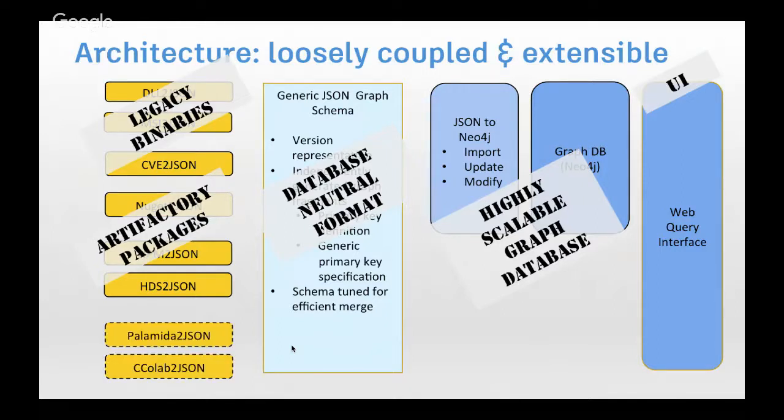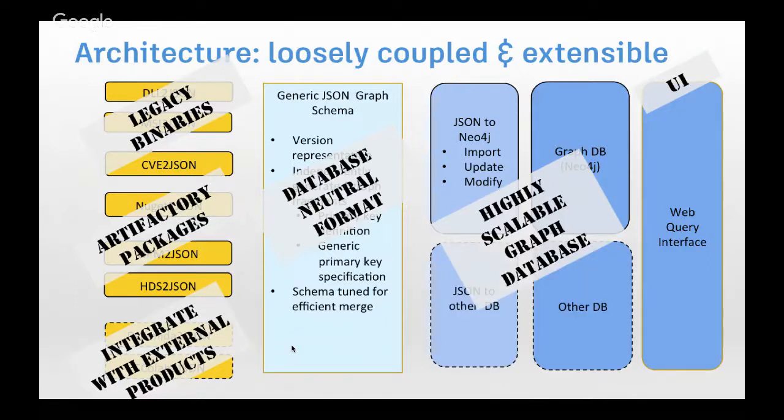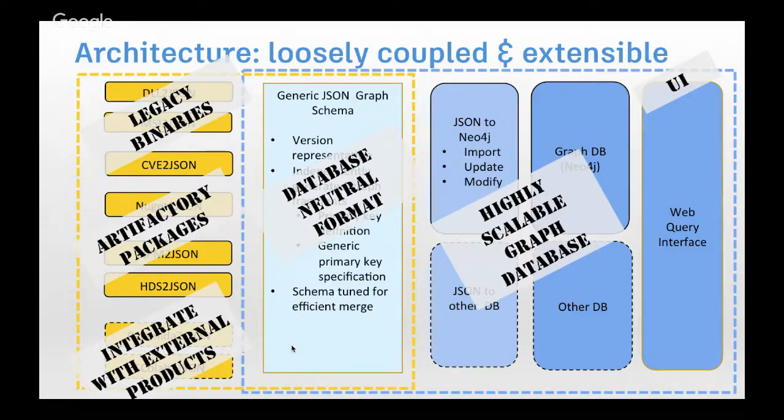So if you have other third-party tools like Palamida, Code Collaborator, and so forth, you can import data from those external products. And if you needed to put the JSON into other databases for other purposes, you could as well. So on the left side is where the extensibility happens, and on the right side is a completely reused implementation to import the data into the graph database. That's worked well internally for us.